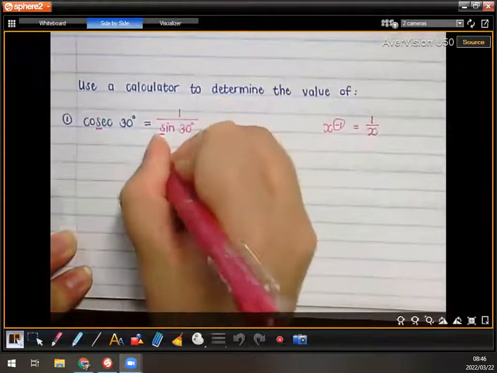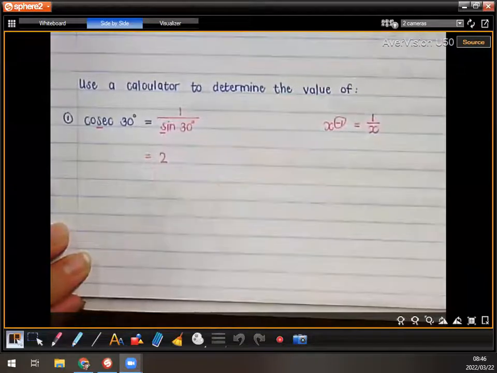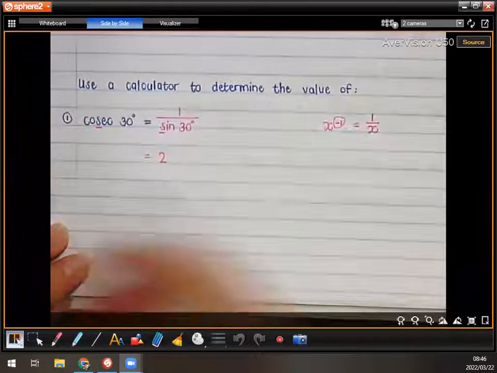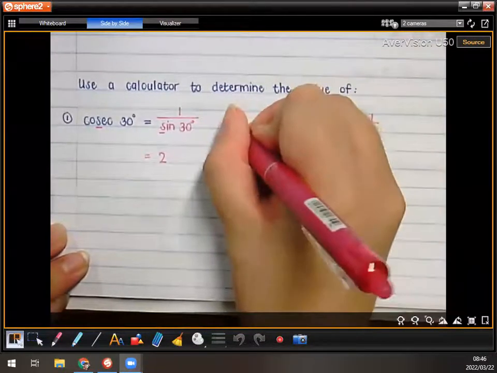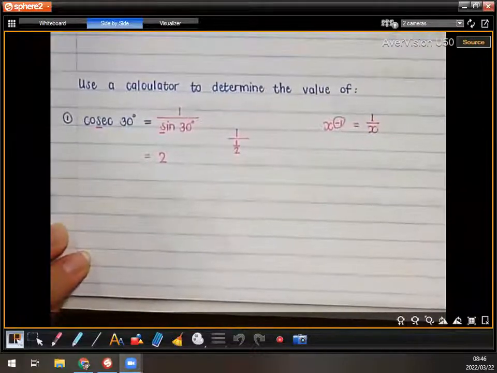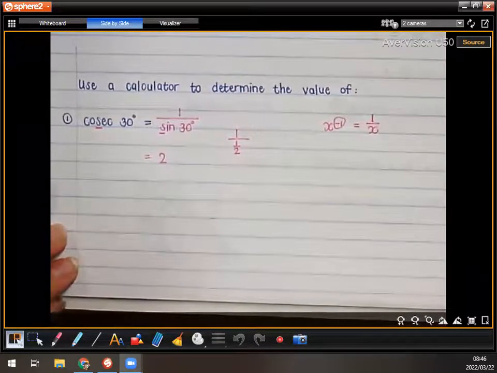And guys, that should make sense, right? Because what is sine 50 again? Sine 50 is a half, right? So if you wanted to, you could have just calculated sine 50 on its own, and you could have said that this is 1 over a half. And you can type that into the calculator, or you could have done a different maneuver, and then you would have gotten an answer.